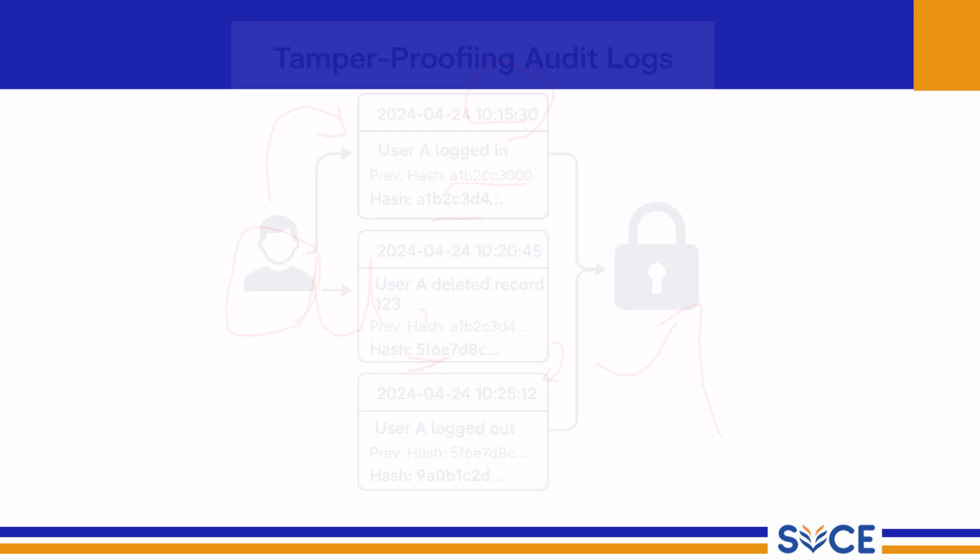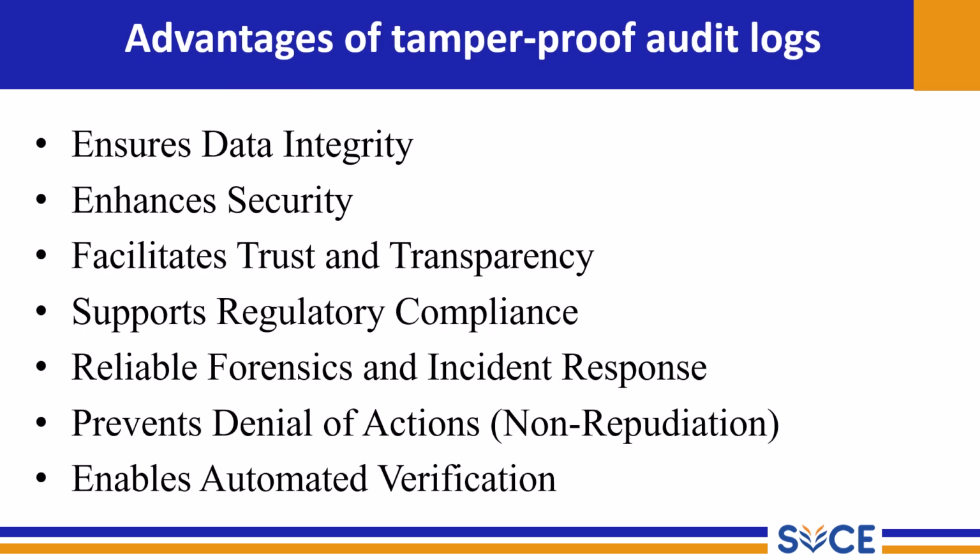Next we are going to discuss the advantages of tamper-proof audit logs. First one, ensures data integrity. Each log entry is cryptographically linked to the previous one. Any alteration becomes immediately detectable, and this enhances security.